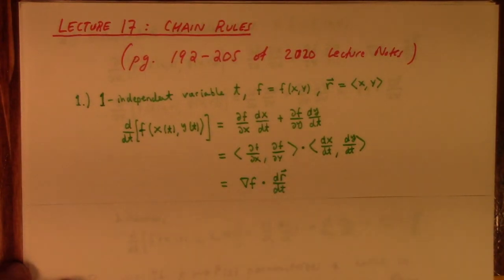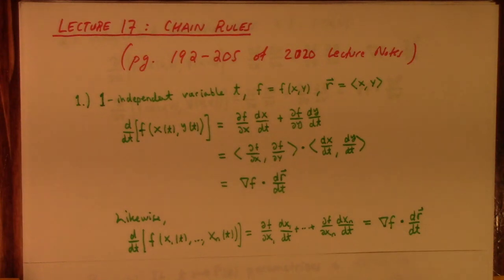So just like the ordinary chain rule back in Calculus 1, we have to take the derivative of the outside function and evaluate at the inside function. That still happens here. But anyway, likewise, if you had a function of n variables, you have this chain rule. So basically, the chain rule can always be restated in terms of gradients dotted with velocities, so to speak.